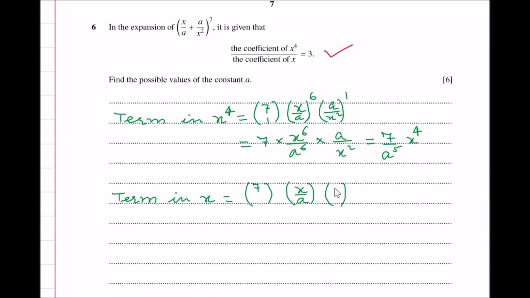The second term is a by x², so a by x². Now we have to find the term in x. So what powers can we put? You can use the trial and error method. If I put 5 here and here 2, then x² to the 2, that is x raised to the power 4, comes in the denominator, and in the numerator x power 5 comes. So 5 minus 4 gives us x power 1, that is x will be left in the numerator. Okay, so 5 and 2 will work. So 2 at the last bracket, so 2 comes here.